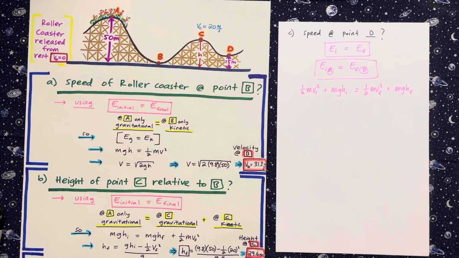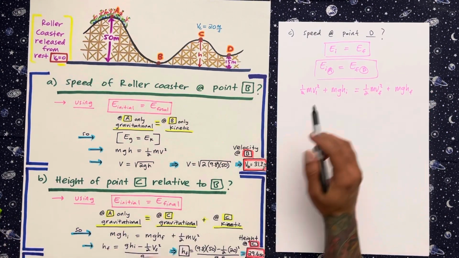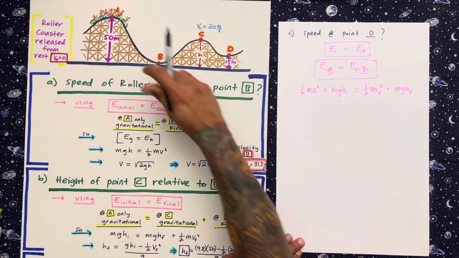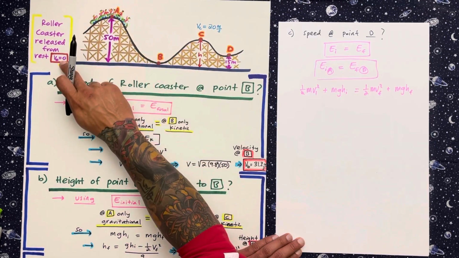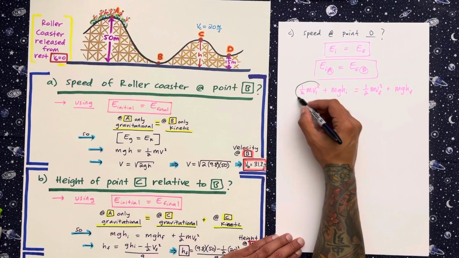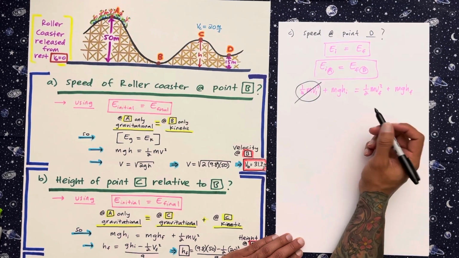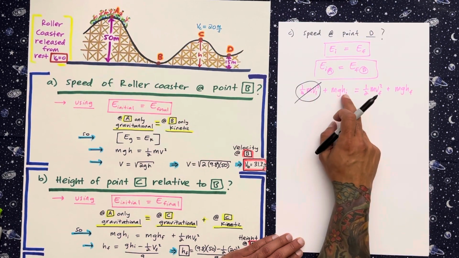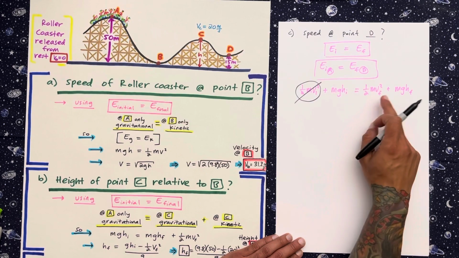All right, so let's figure out what we have and we don't have. At point A, we know that velocity initial was 0, so this goes to 0, and we do have a height, so that stays.